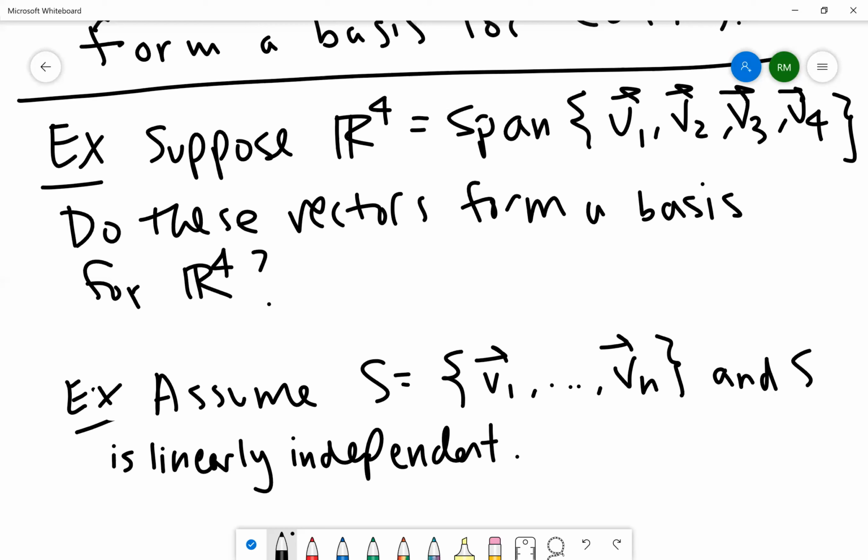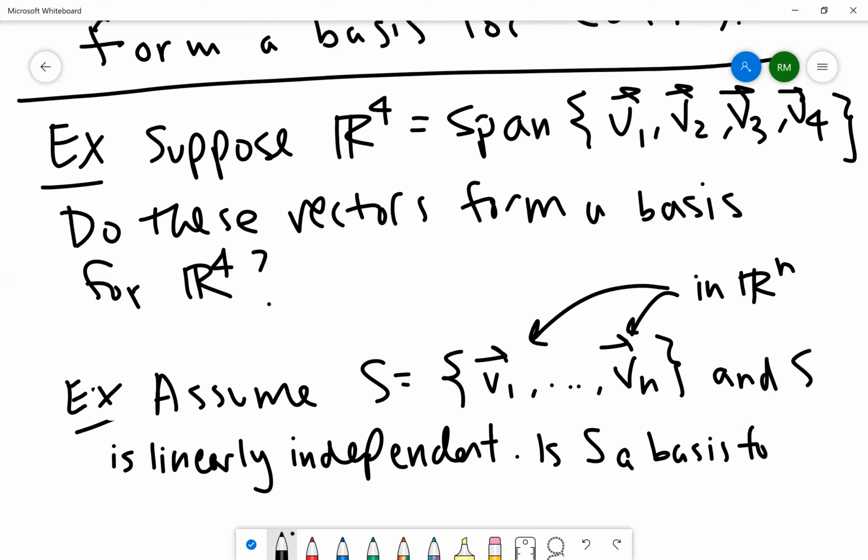And let's say these vectors are in Rn. Is S a basis for Rn? All right, so I want you to pause the video and think about what the answer to these questions are.